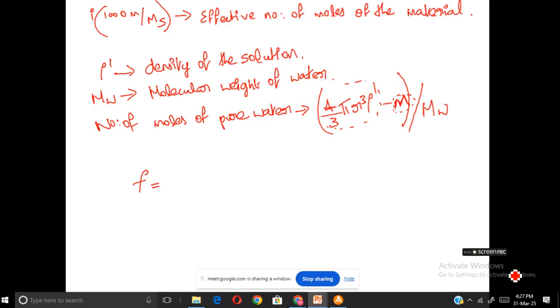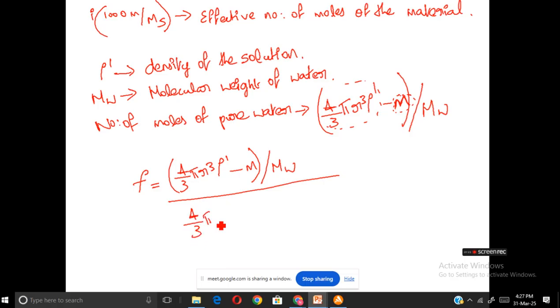We know the number of moles of pure water is 4 by 3 pi r cube rho dash minus m, divided by Mw, whole divided by the number of moles of the solution. The number of moles of the solution is the total number of moles of pure water plus the number of moles of the solute.